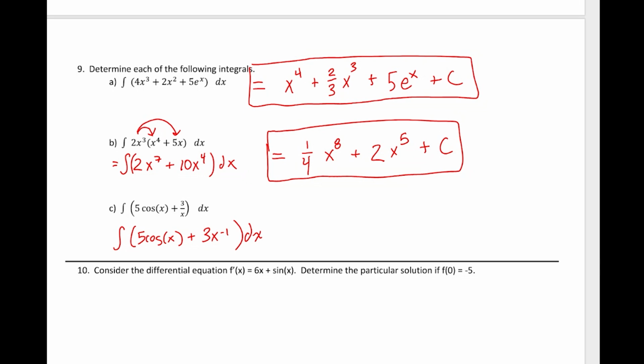So the integral of 1 over x is going to be natural log. Since the derivative of sine is cosine, we can say that the integral of cosine is sine. So this will be 5 times sine x plus 3 times the natural log of, don't forget these absolute value bars, the absolute value of x, plus c.